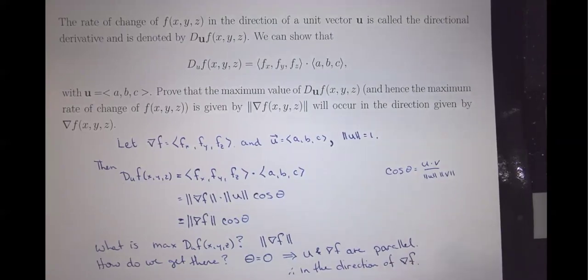So at any particular point, or for any spot in space, the maximum rate of change is equal to the size of the gradient and is in the direction of that maximum gradient.